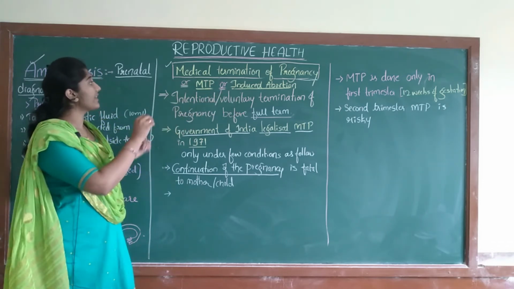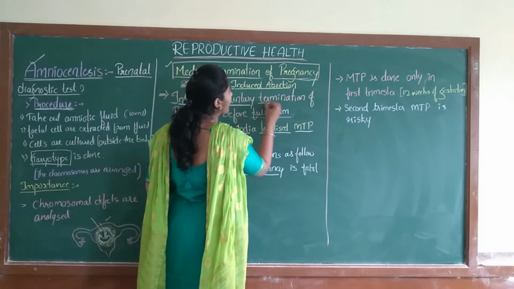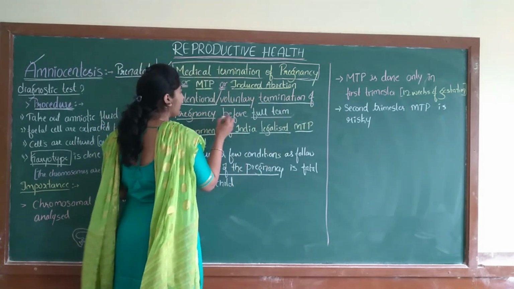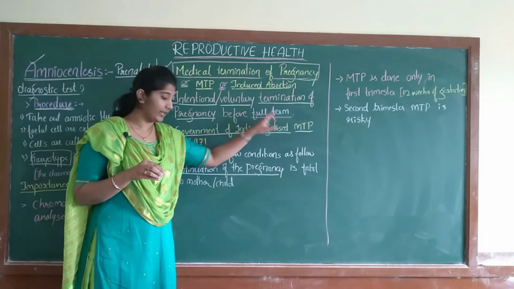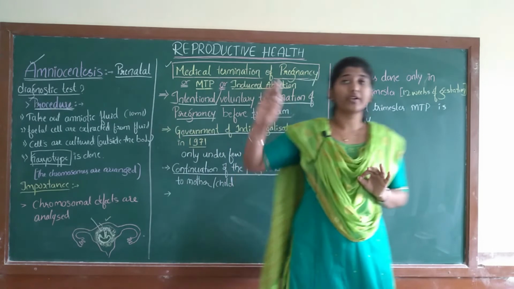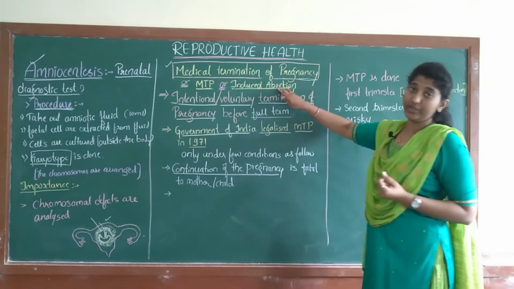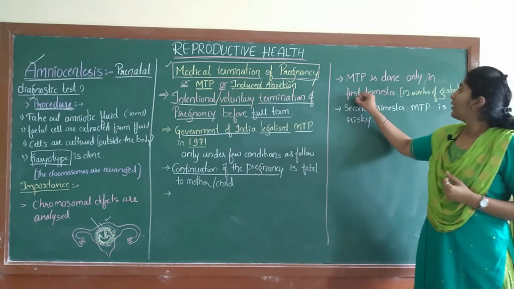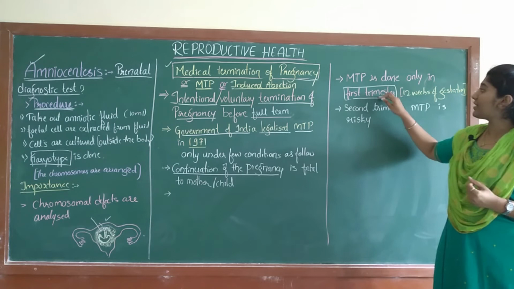What is the definition of MTP? Intentional or voluntary termination of the pregnancy, and that too should be done before full term. This termination of the pregnancy, or induced abortion, is done only in the first trimester.